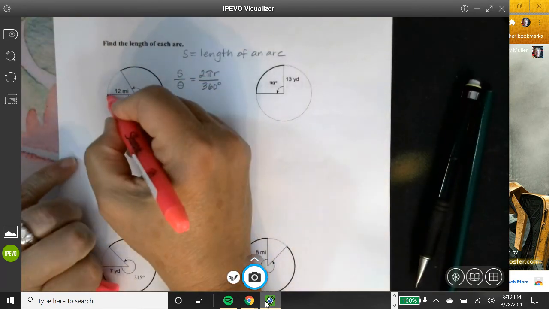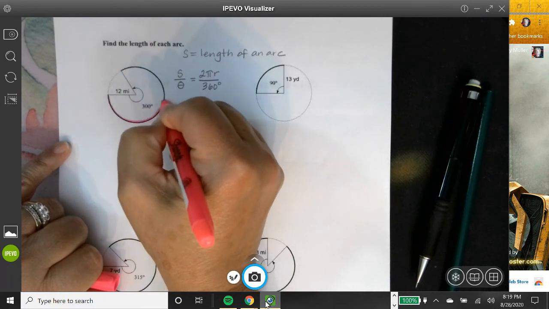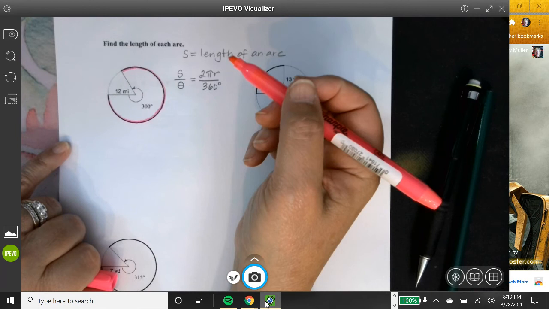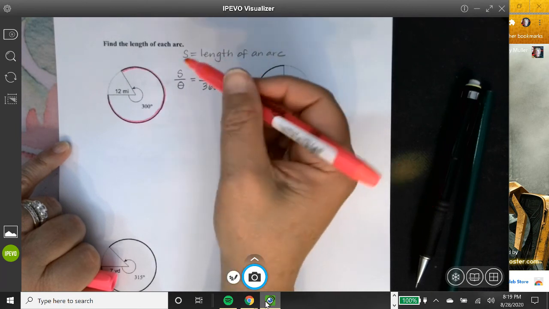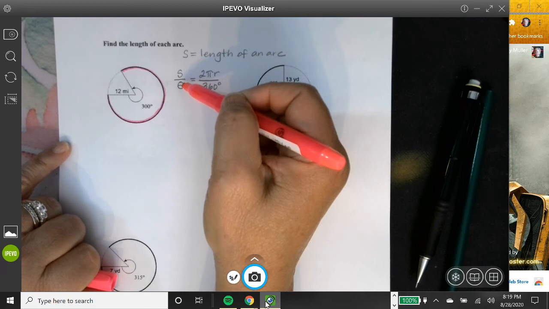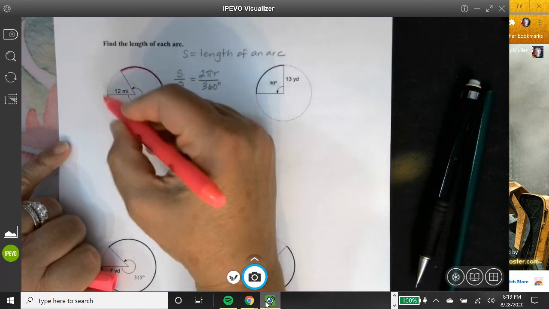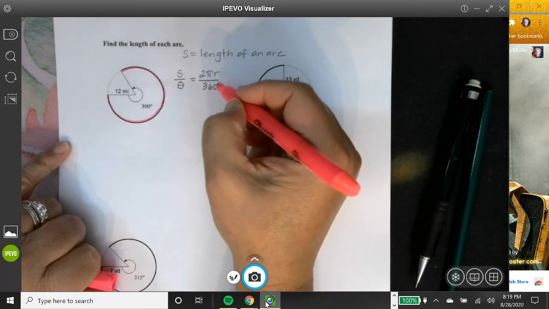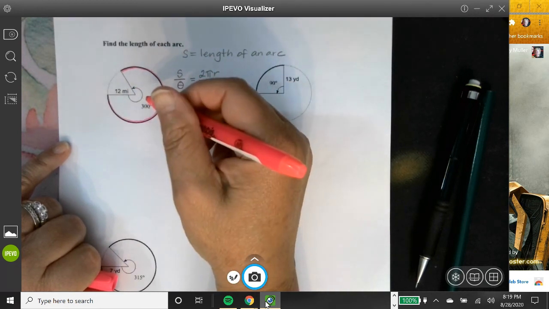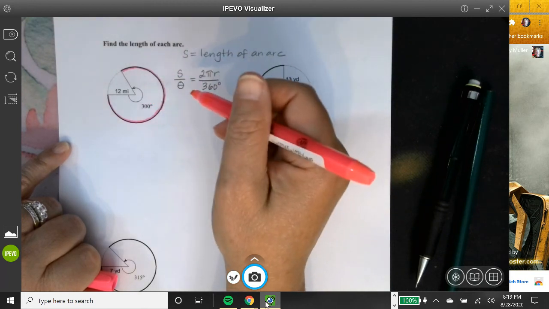This arc length is a ratio or a portion of the circle's circumference, and that portion is to the portion of the angle of 360. So 2 pi r is the entire length of the circumference, and 360 is the entire circular angle. And we just do a simple ratio.